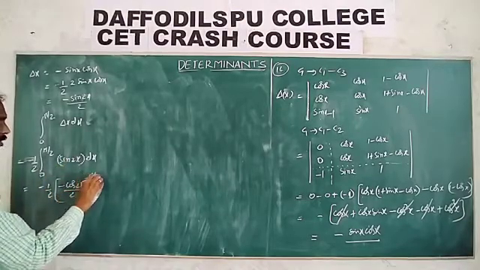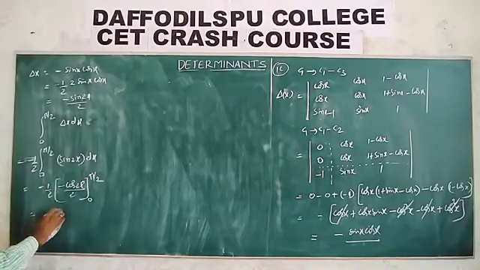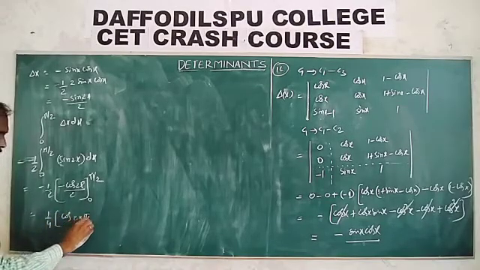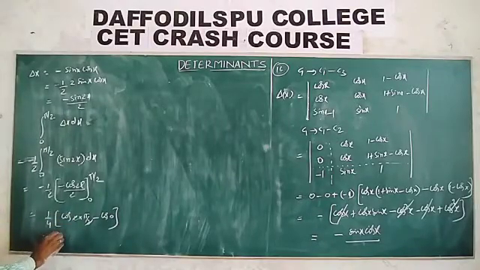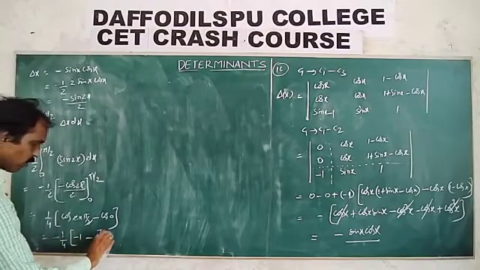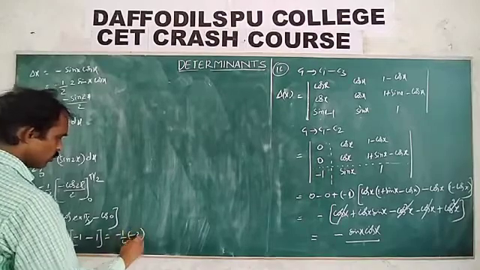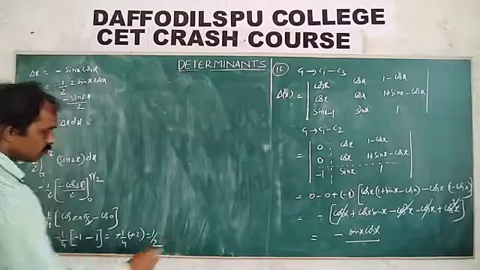Upper limit pi by 2, lower limit 0. Minus into minus plus 1 by 4, cos 2 into pi by 2 minus cos 0. Minus 1 by 4, cos pi value is minus 1, cos 0 value is 1. Therefore minus 1 by 4 into minus 2, minus minus cancel, answer 1 by 2.